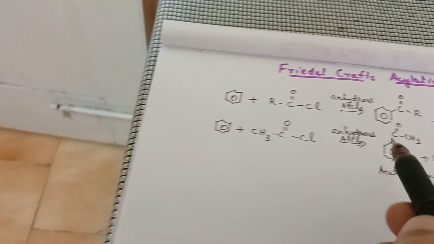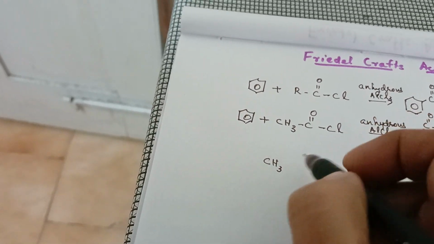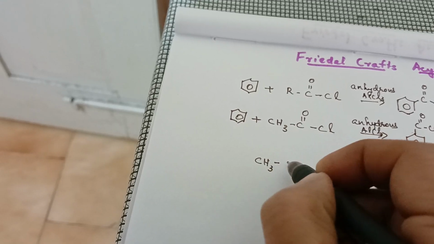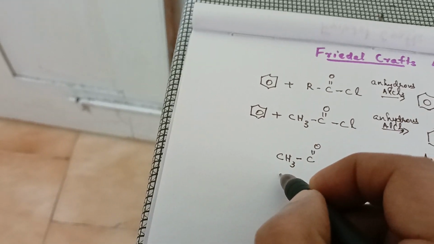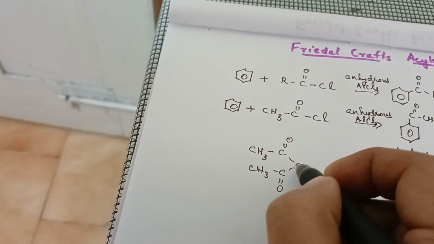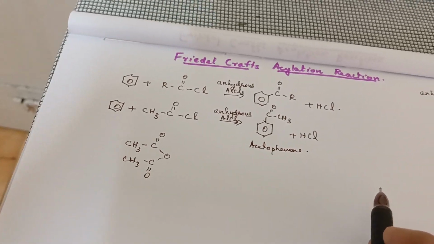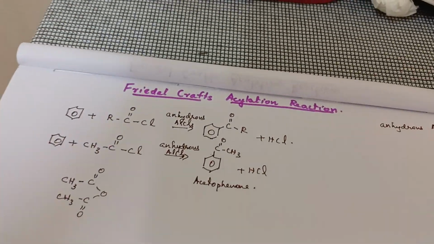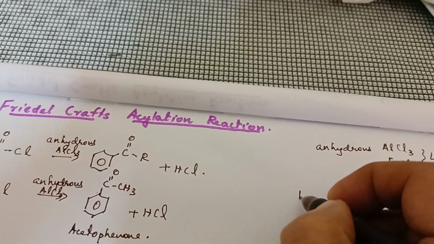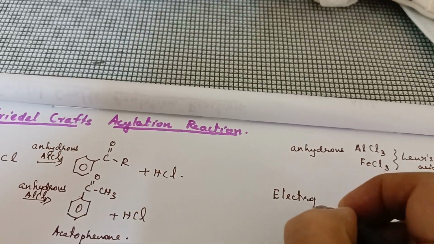Now you can get acetophenone if you are using acetic anhydride in the place of acid chloride, CH3 C double bond O, O, CH3 C double bond O, this also, but the byproduct will be a carboxylic acid. So this is an electrophilic substitution reaction.